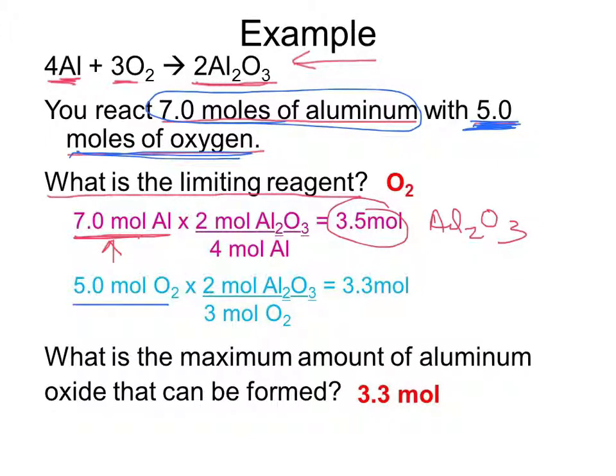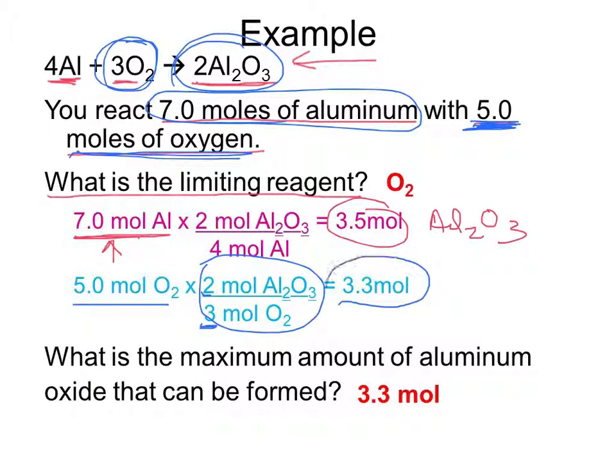Here's my molar ratio. I got it from here, where there are 3 moles of oxygen for every 2 moles of aluminum oxide that I can make. So there's my ratio, 3 moles and 2 moles. And I determined that I can only make 3.3 moles of aluminum oxide.